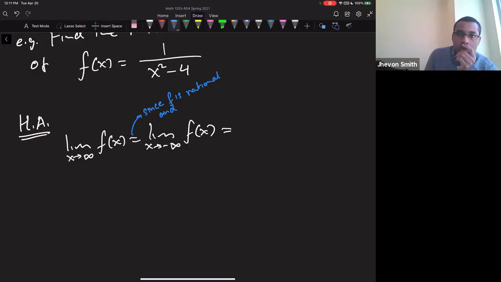Limit as x approaches infinity of this, what do I get? 0. You get 0 because it's bottom heavy. And this is because it's rational and not top heavy.